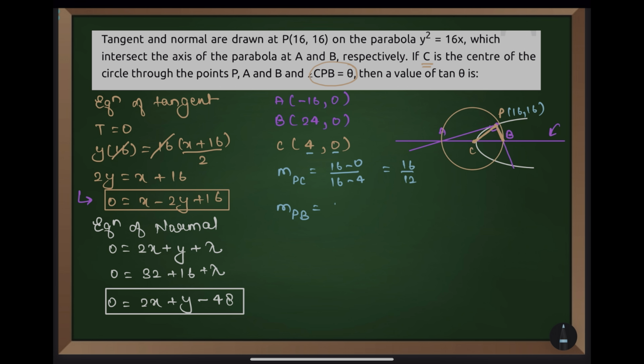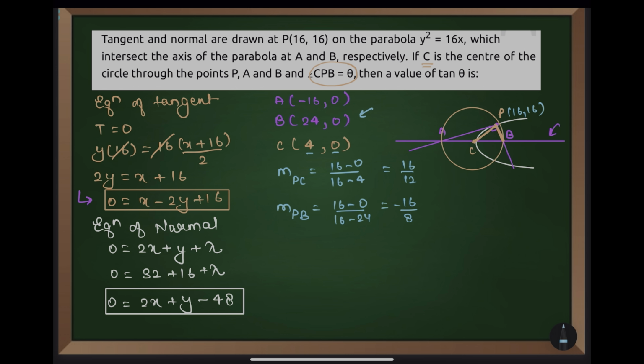So it is 16 minus 0 and then 16 minus 24. So it is 16 by minus 8.